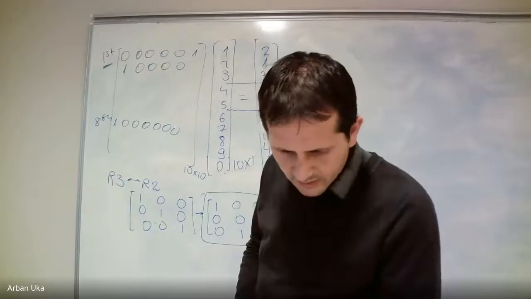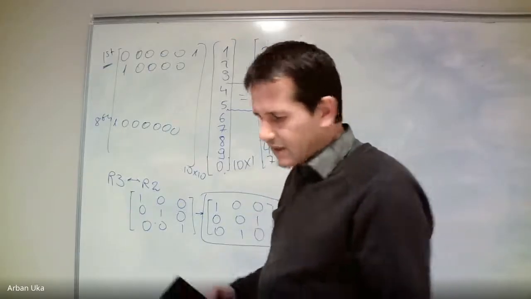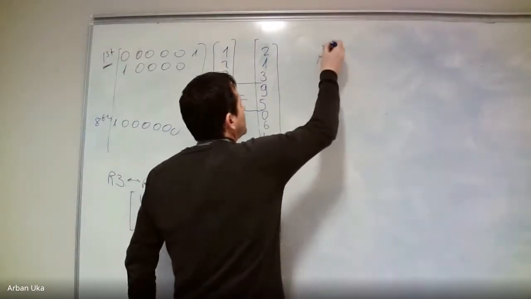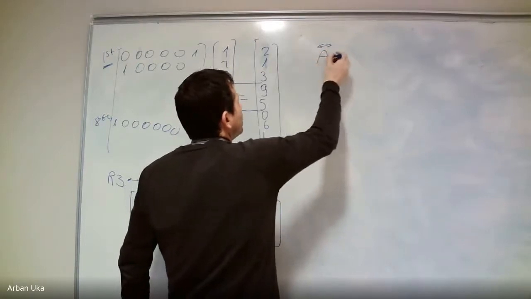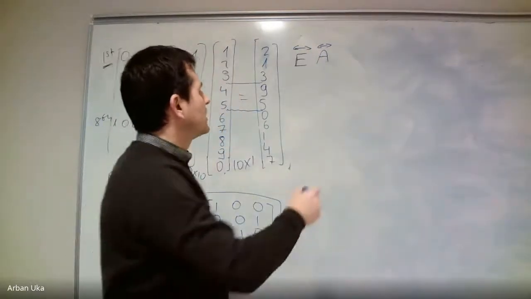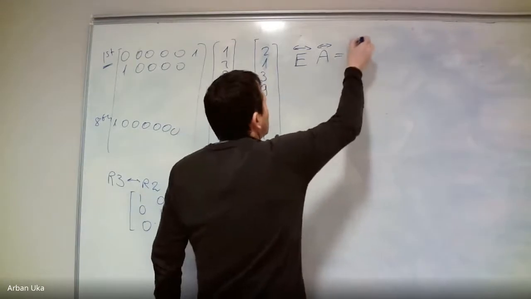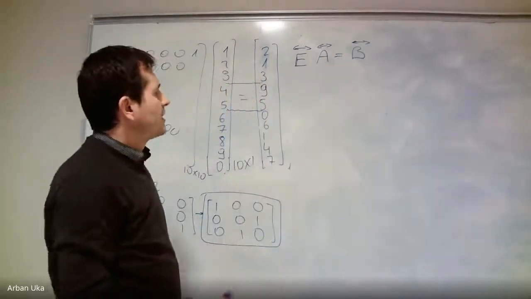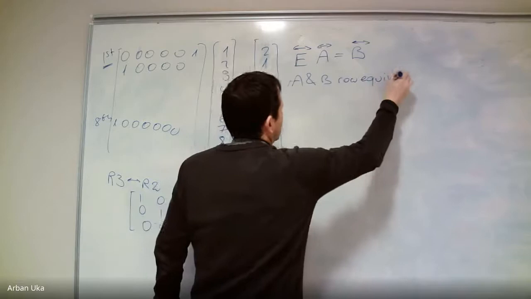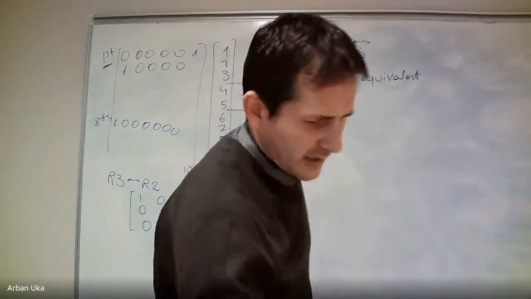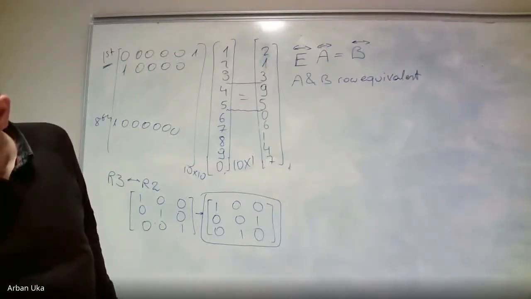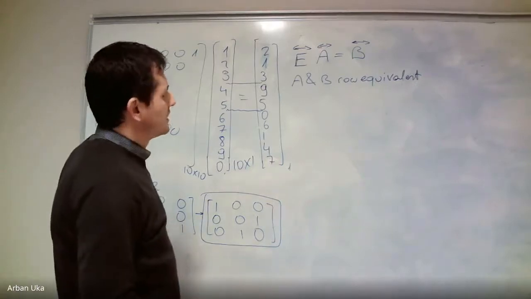So we did the elementary matrices, and then we can say that, for example, if we have a matrix A, and we modify this matrix A by multiplying with an elementary matrix, and we get the matrix B, where E is an elementary matrix, then we call A and B row equivalent. So A and B are row equivalent if they can be obtained using a finite number of elementary matrix multiplications.